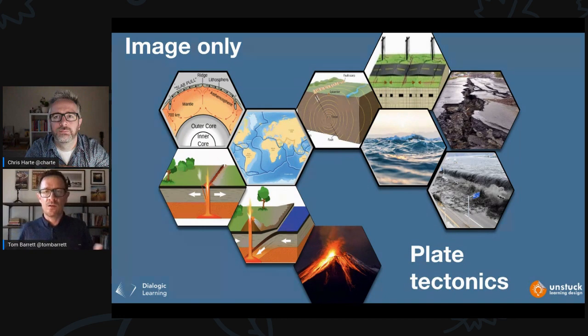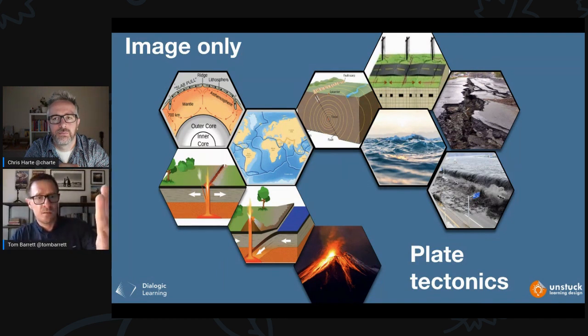And this is, again, one of the benefits of this particular routine, and why it works for us as a core routine, is that it's just simply hexagons, and it's easy to resource, it's easy to build, it's easy to make it your own, it's easy to differentiate it for the students that you're working with, whether that's no language or whether that's specific keywords.